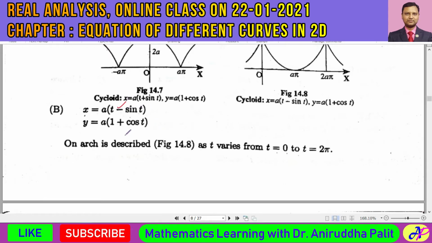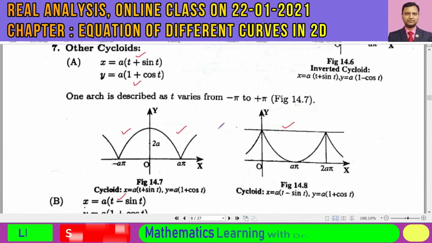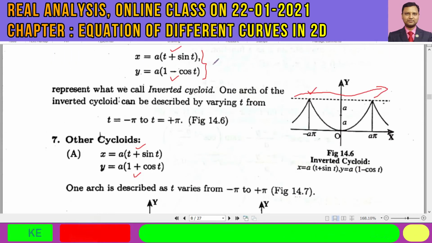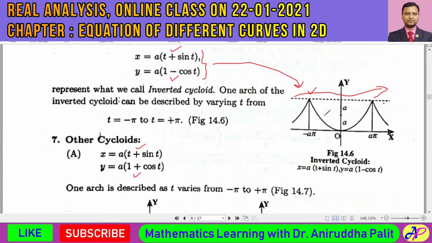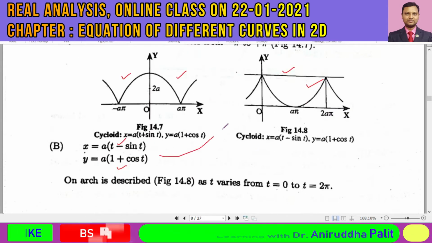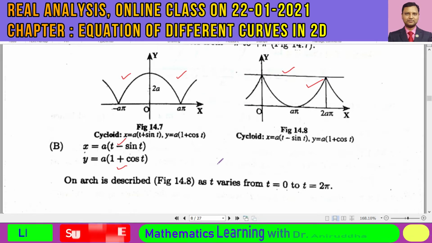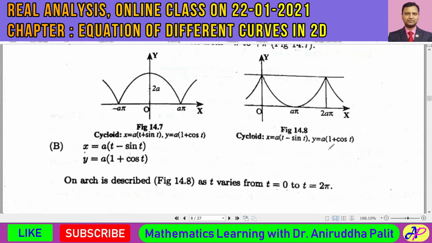The first one is negative, the second one is positive. So in such cases, you will get this kind of inverted cycloid. In this first case you will get this kind of inverted cycloid, and in this second case you would get this kind of inverted cycloid. Got it? So these are some examples of inverted cycloid.